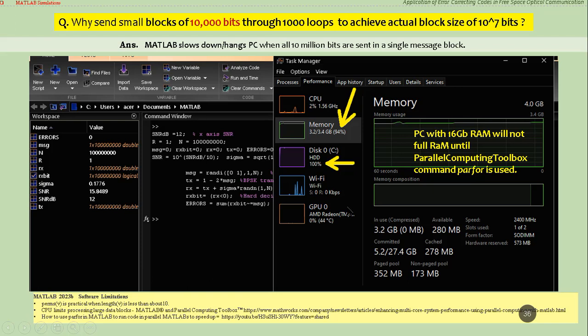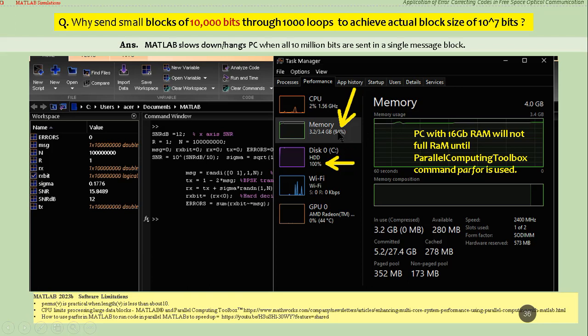Now, this is the reasoning for sending block bits rather than sending 10 to the power of some number of bits altogether, because the RAM starts being heavily used, and you'll slow down your system, and it's not a good state to be in.